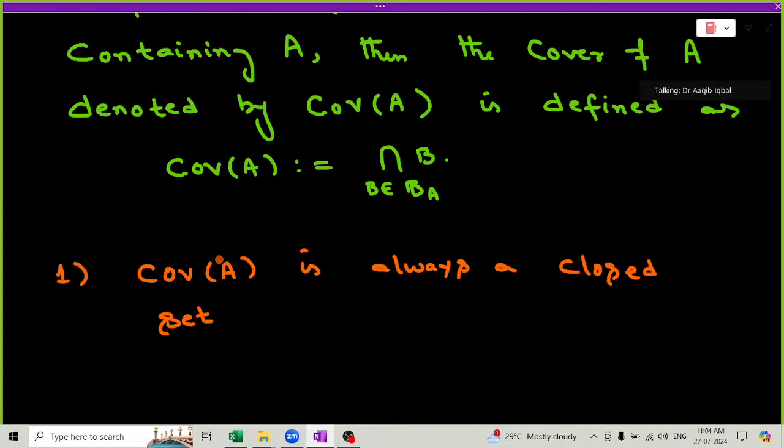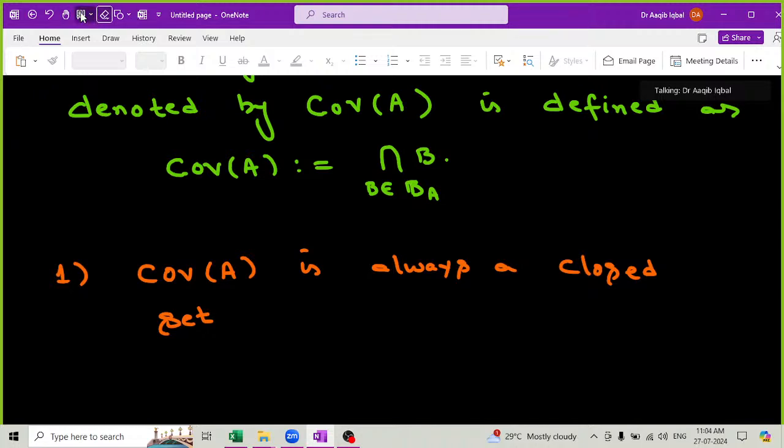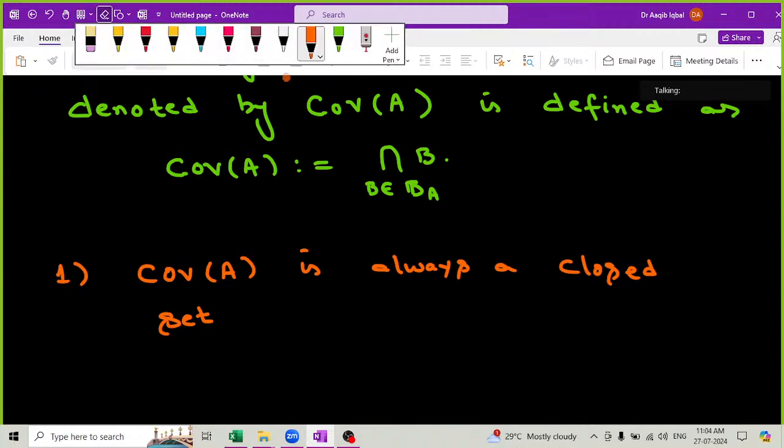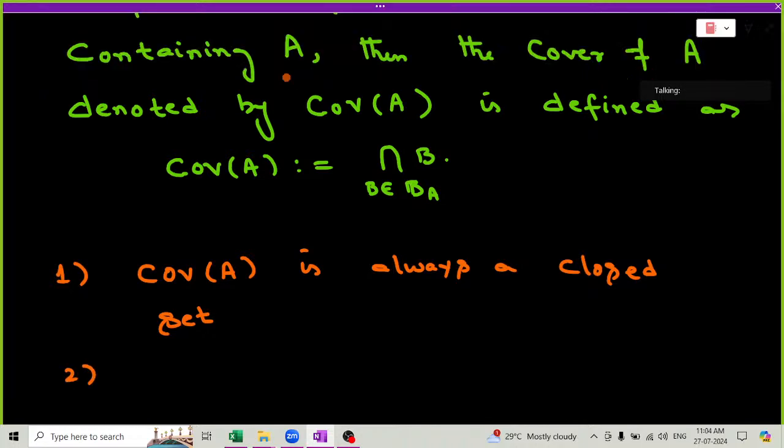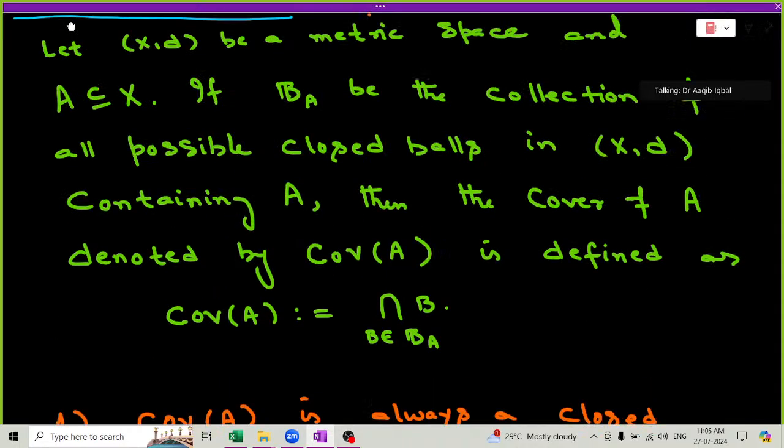Exactly, this is the reason, because the intersection of closed sets is closed. Second, A is always contained in the cover of A. It's a subset of the cover of A. A is a subset of its cover. And this is also not difficult to see. It follows from the definition actually.